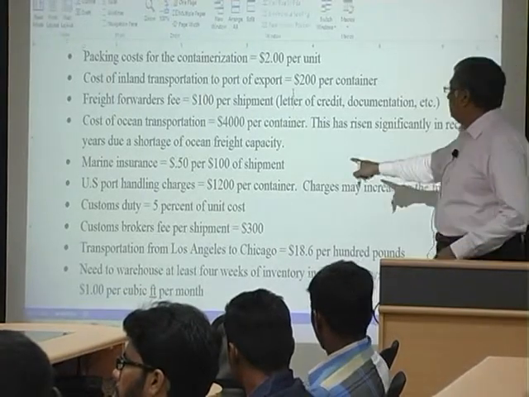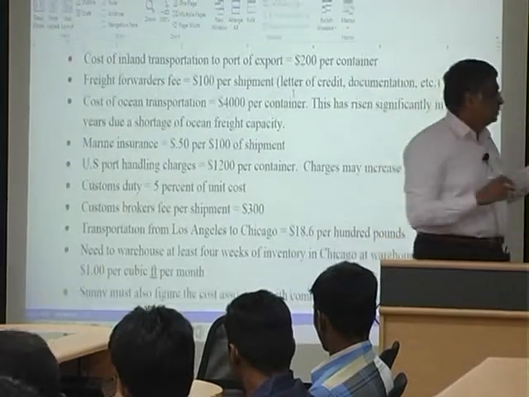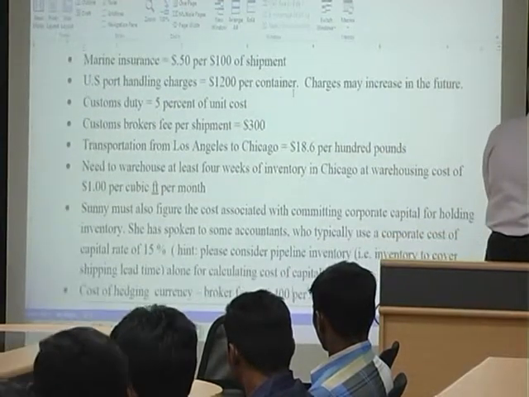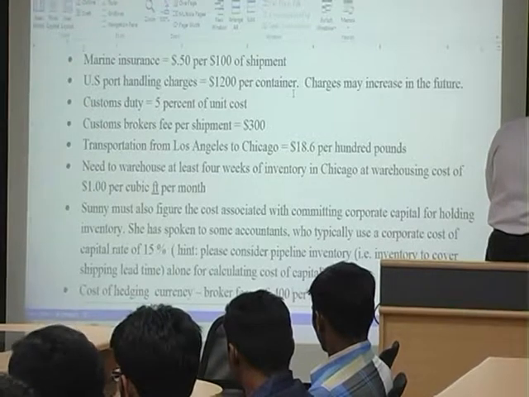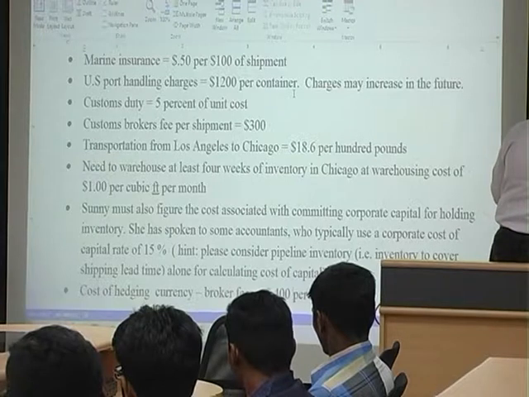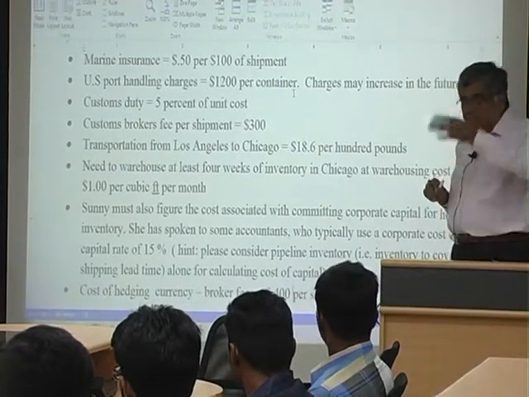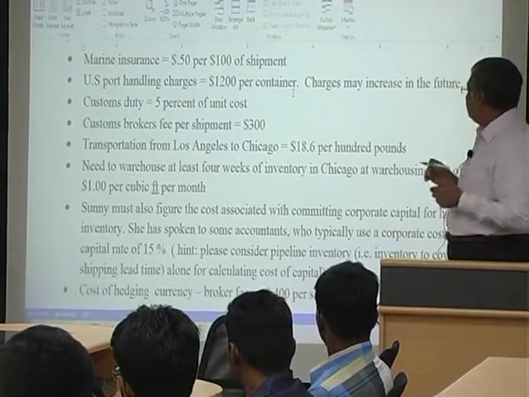Okay. Marine insurance. Now, most of the insurance is based on cost or market value, whichever is lower. So what you will see in the spreadsheet is that I put another column to indicate the value of that particular shipment.